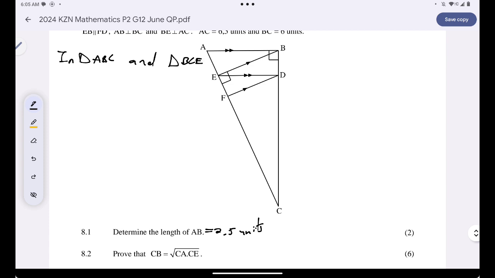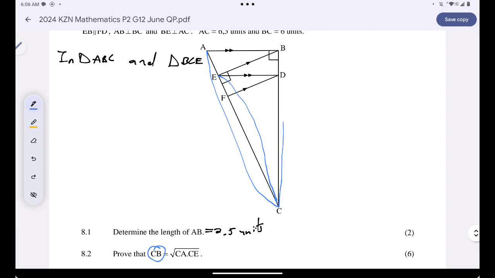Why am I choosing these two triangles? It's because here I'm supposed to prove something that has the length of CA and the length of CE together. There is a triangle that has CB as a common side together.